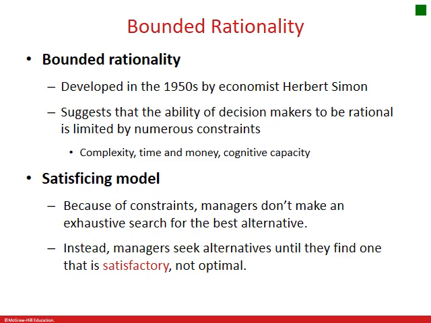The satisficing model states that because of constraints, managers don't make an exhaustive search for the best alternative. Instead, managers seek alternatives until they find one that is satisfactory but not optimal. While satisficing might seem to be a weakness, it may well outweigh any advantages gained from delaying a decision until all information is in and all alternatives are weighed.